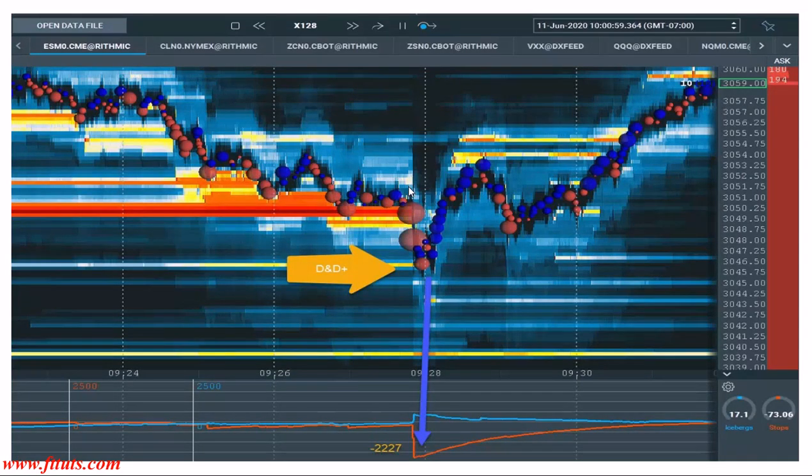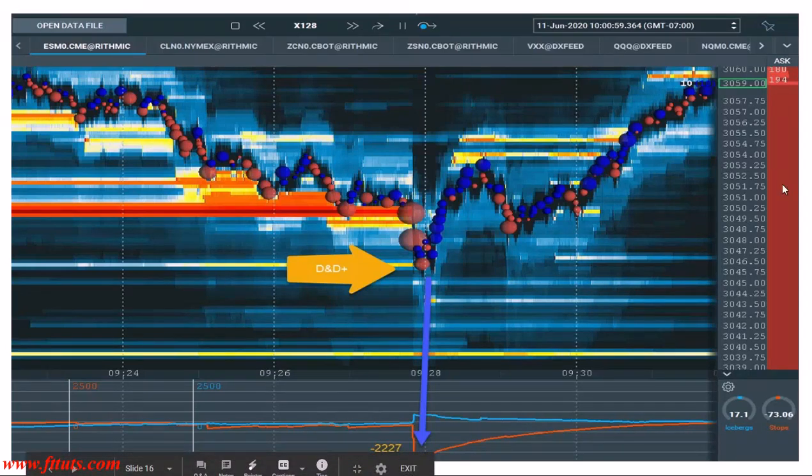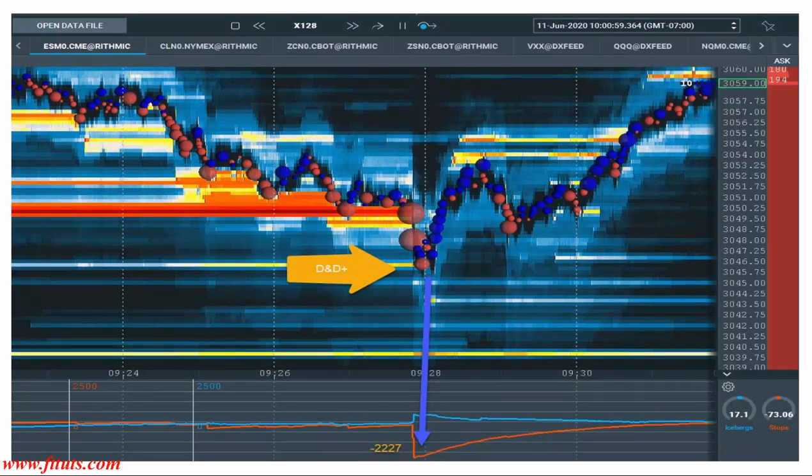Next example. This is our last example. So this is the E-mini S&P again. This is a monster stop. Our threshold is 500. This is 2,200. You get 2,200 sell stops, right? Again, uninformed traders, not the smart money, no continuation.